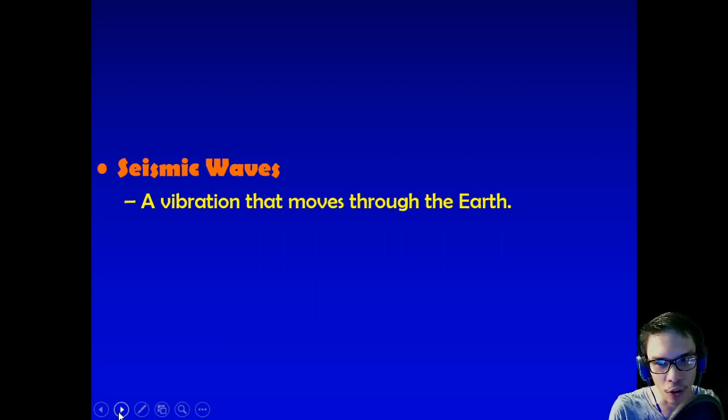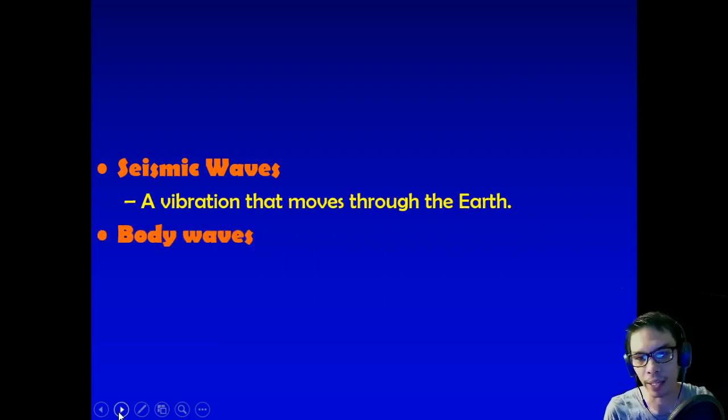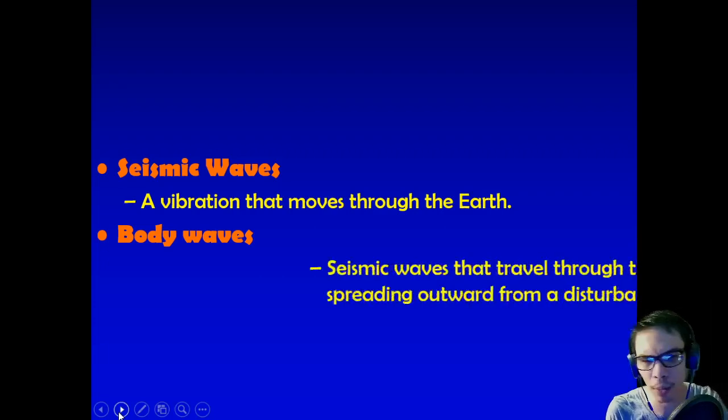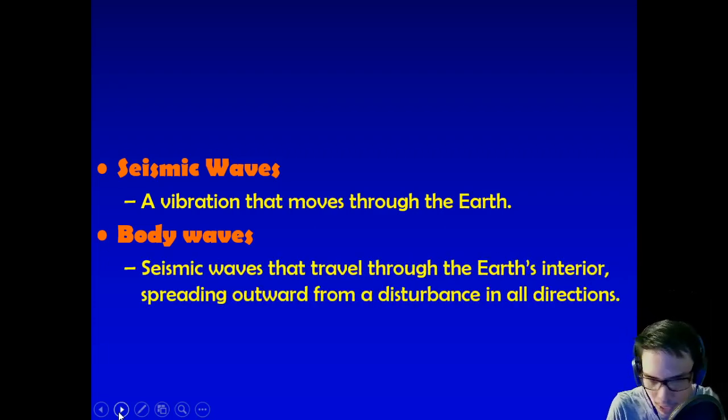We will start with the first kind of seismic wave, and that is body waves. Body waves are the key to identifying the layers of the Earth and the differences between them. What are body waves? From the word itself, body means inside.